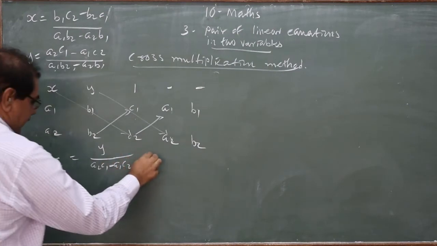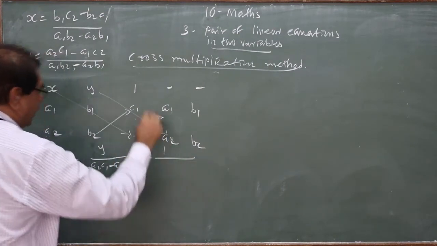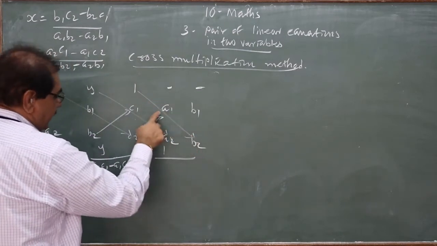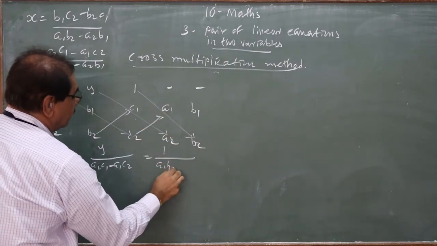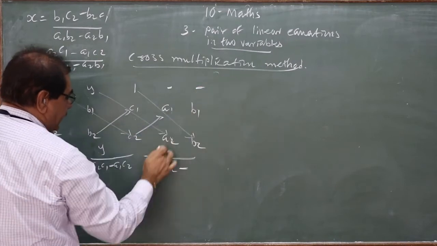Got it? Is equal to 1 upon a1 b2 minus a2 b1.